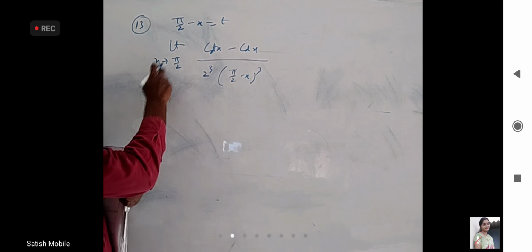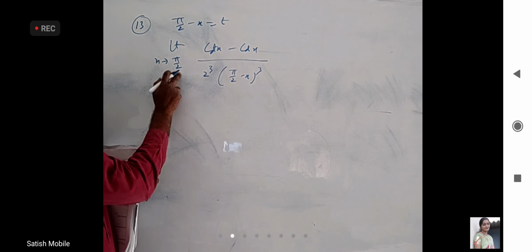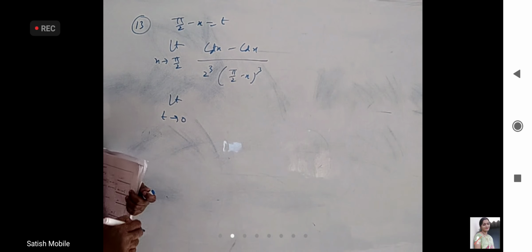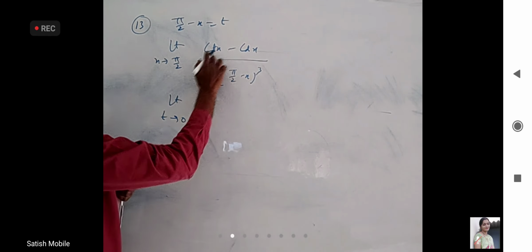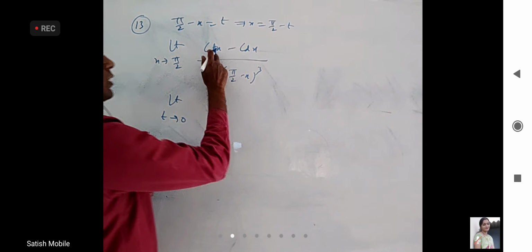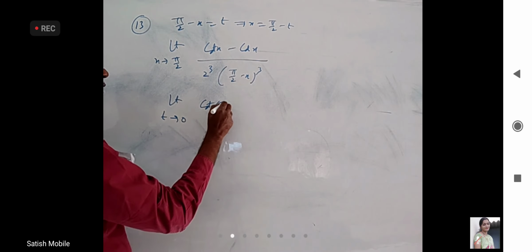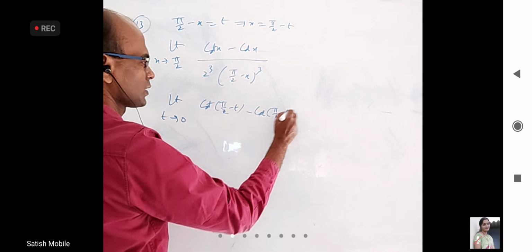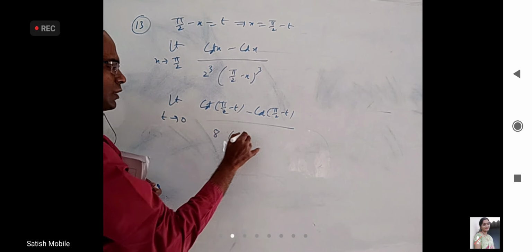If it is tending to anything else, you can take this minus x as t, so that you will be able to write limit t tends to 0 and convert everything. For example, x I can write as pi by 2 minus t. When I put it here, cot(90 minus t), cos(90 minus t), 8 into t cube.